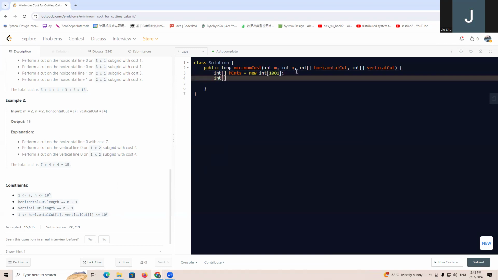And we'll also have vertical counts equals new int 1001.